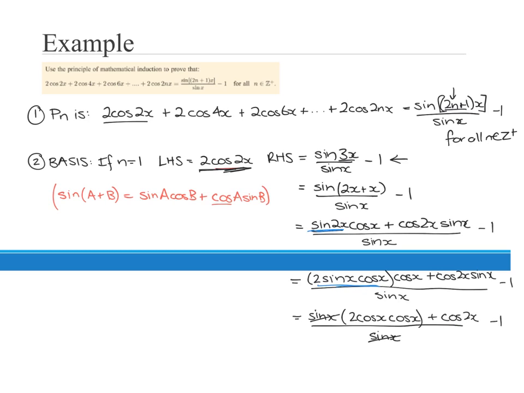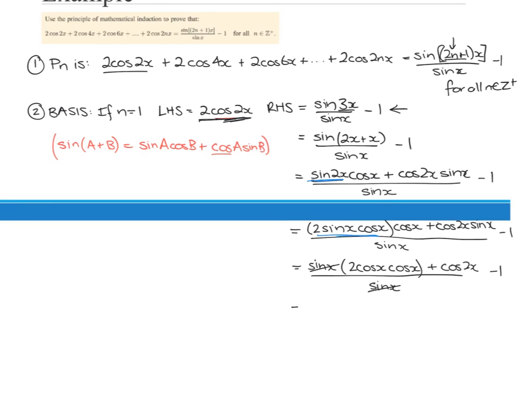The sine x's are going to cancel, which is then going to give us 2 cos squared x plus cos 2x minus 1. Now if we rewrite this a little bit, we've got 2 cos squared x minus 1 plus cos 2x. Hopefully you see that this here is also equal to cos 2x.